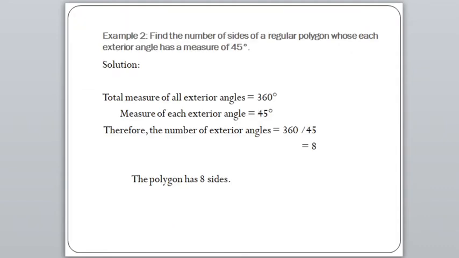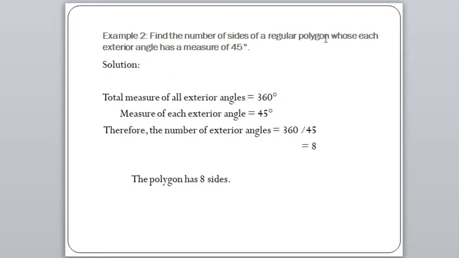Then example 2. Find the number of sides of a regular polygon whose each exterior angle has a measure of 45 degree. What is given in the question? Find the number of sides of a regular polygon.